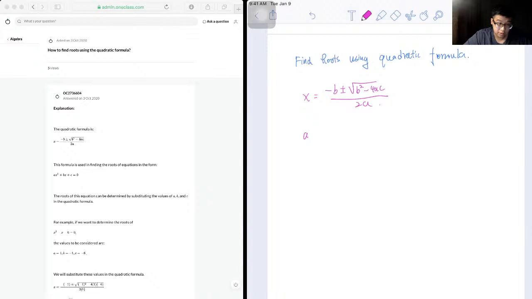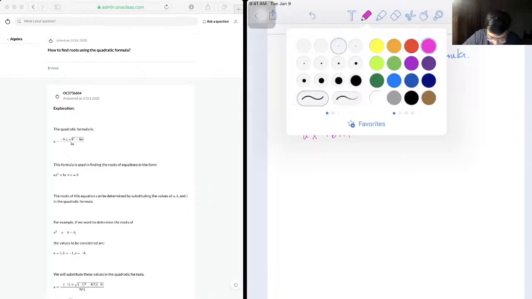So whenever you see a question in the form ax squared plus bx plus c is equal to 0, the roots of this equation can be determined by substituting the values of a, b, c in the quadratic formula.